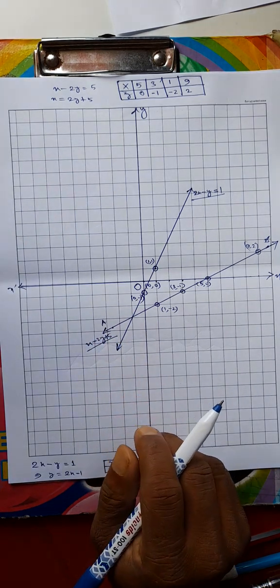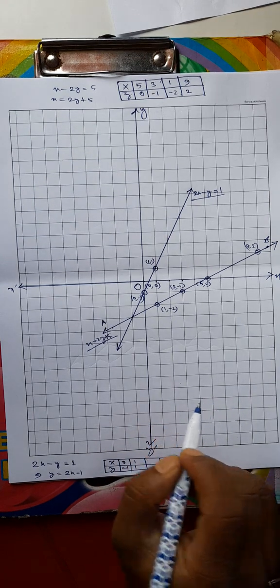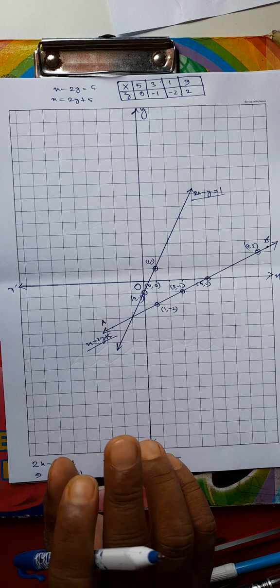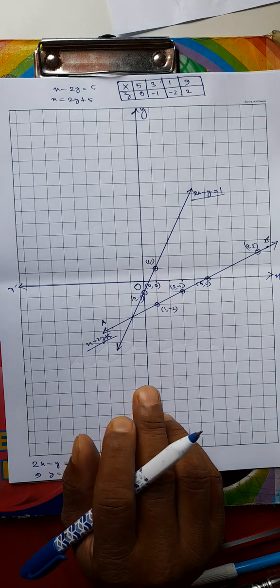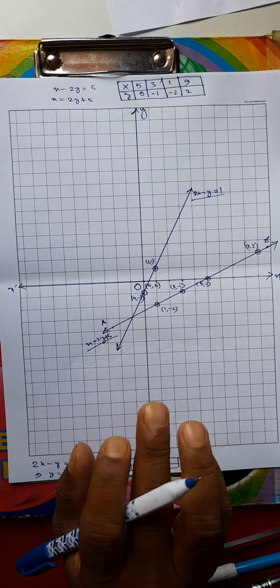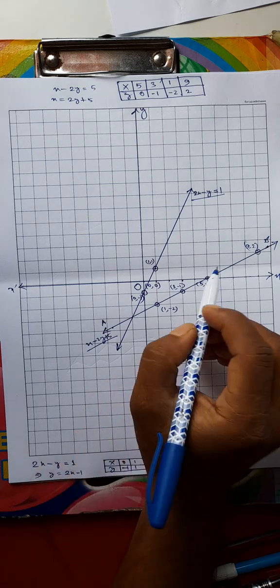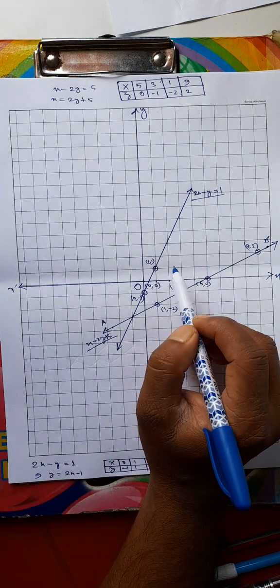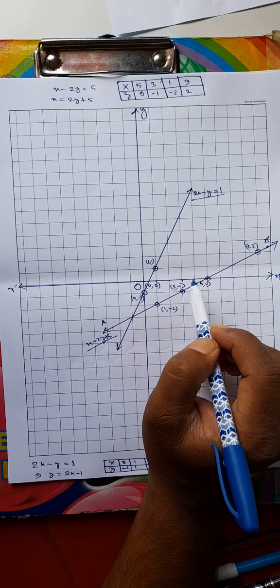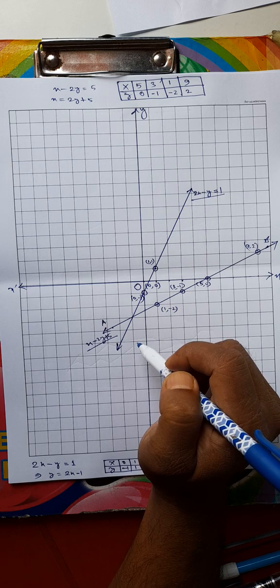So we conclude that to draw the graph of a linear equation, you have to know at least 2 pairs of coordinates. That means to draw a line, you need at least 2 points on the line. Now you remember, a linear equation in 2 variables has infinitely many solutions. Why? We know that a line has infinitely many points.